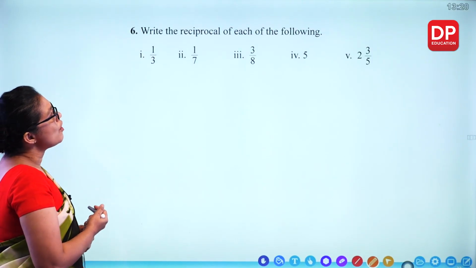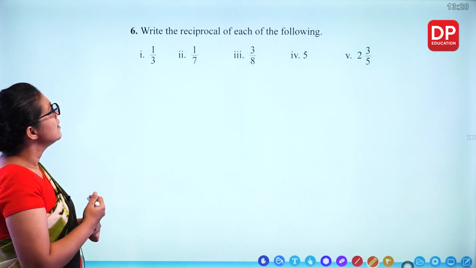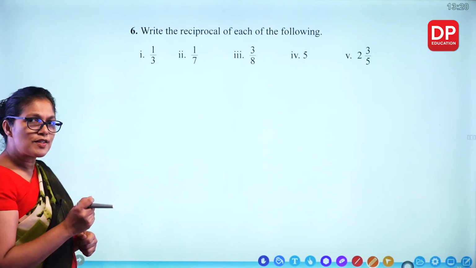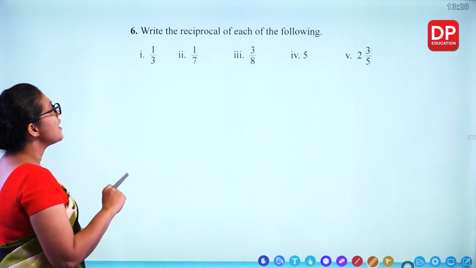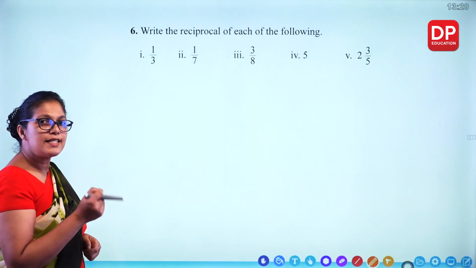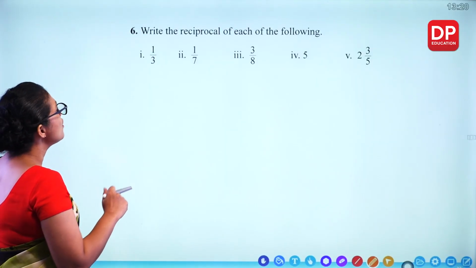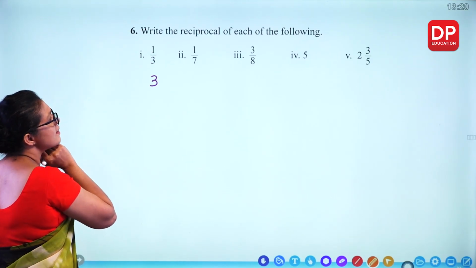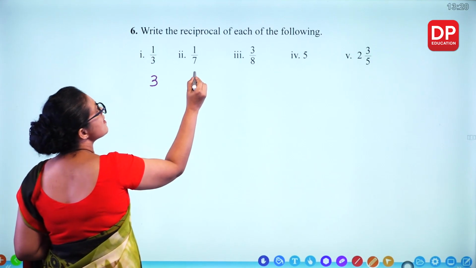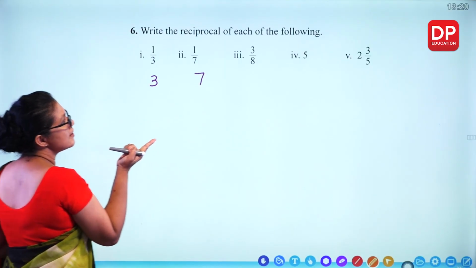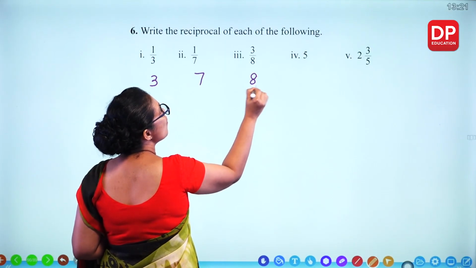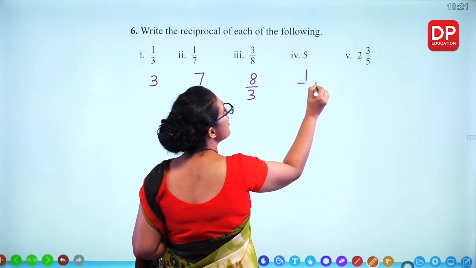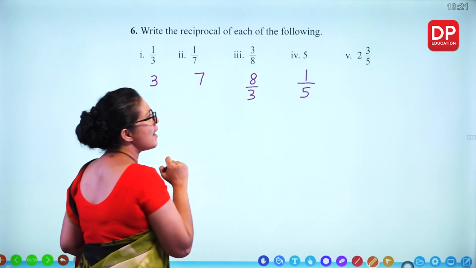Write the reciprocal of each of the following fractions. What's reciprocal? Numerator goes to the denominator and denominator goes to the numerator. So upside down, this is 3 over 1. That's same as 3. 7 over 1, 7. 8 over 3. 5 becomes 1 over 5.